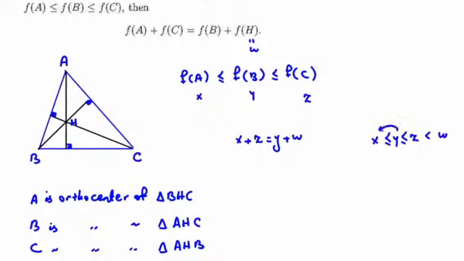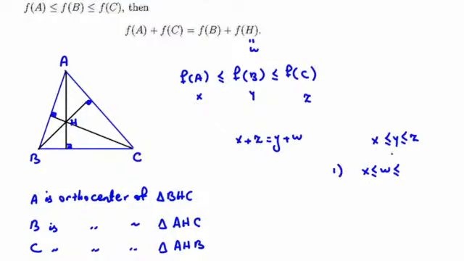Because y is greater than or equal to x, w greater than z, so w plus y will be greater than x plus z. So w cannot be in this part. Also, w cannot be here. Because then, look, y is greater than w, z greater than or equal to w. So z plus x will be greater than y plus w. So the only possible case for w is below x.